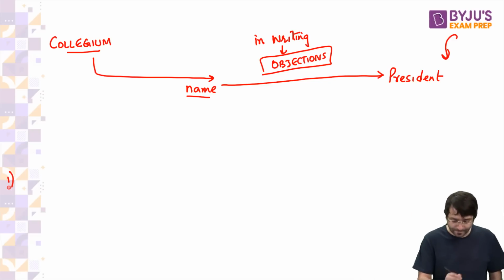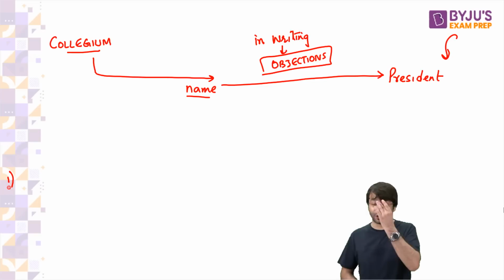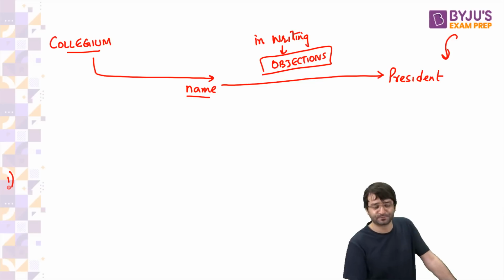Number one, Mr. Gopal Subramaniam, a terrific lawyer, top lawyer of the Supreme Court. The Supreme Court would have benefited hugely if he was appointed as a judge of the Supreme Court. And he was recommended by the Supreme Court Collegium to the president that Gopal Subramaniam in 2014 should be appointed as the judge of the Supreme Court.